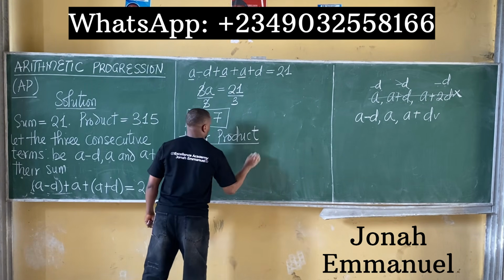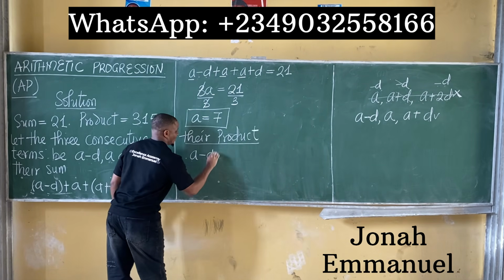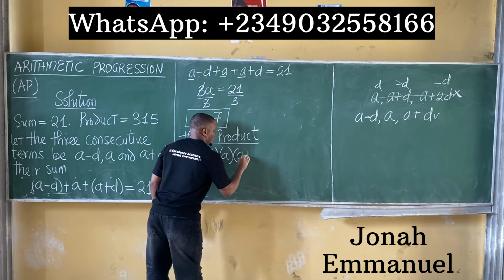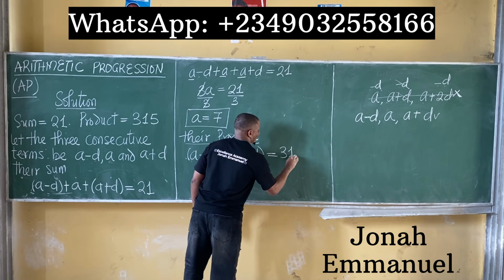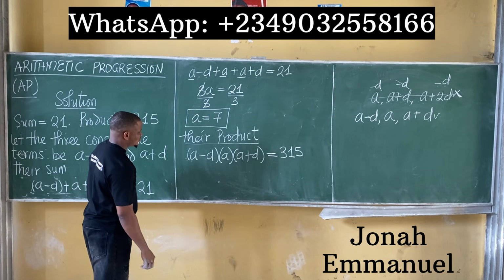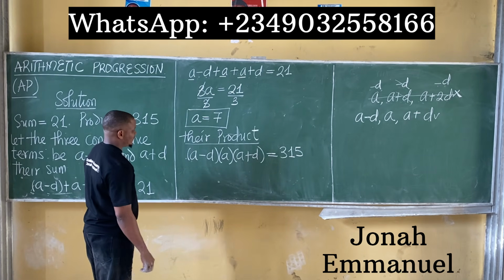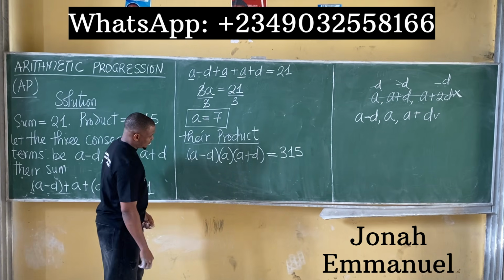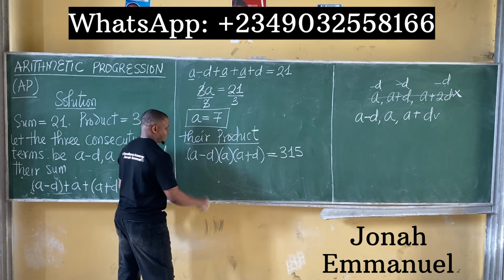Their product becomes this times this times this, which is A minus D multiplying A, multiplying A plus D. This is equal to 315. We could choose to multiply straight, or we could just put in the value, since we already have the value of A. Let's say first things first, bring A outside here.